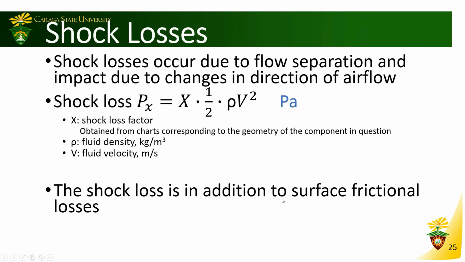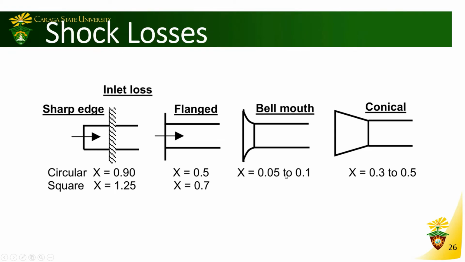So since x is the shock loss factor, it is different for each object having different geometries. So, for example, in the pipe, if you have an inlet, then different types of inlet shapes or cross sections will have different X or shock loss factor values.